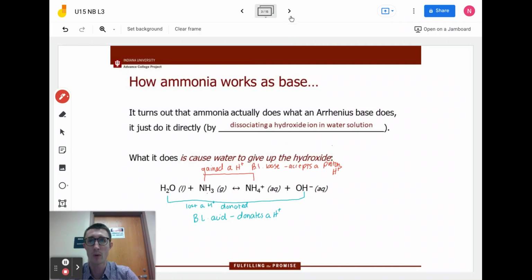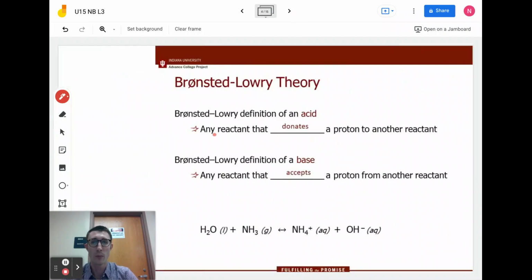Okay, let's look a little bit more closely at how we can name these things. The Bronsted-Lowry definition of an acid is any reactant that donates a proton to another reactant. So the water, in this case, was our proton donor. We said that this was the Bronsted-Lowry acid because it donated an H+.